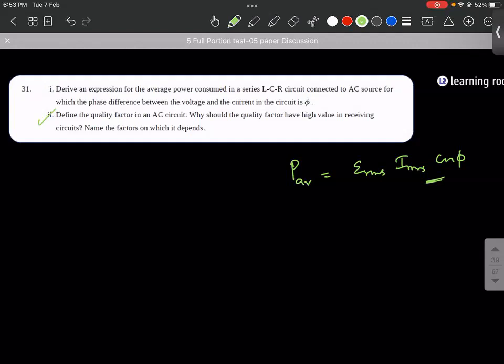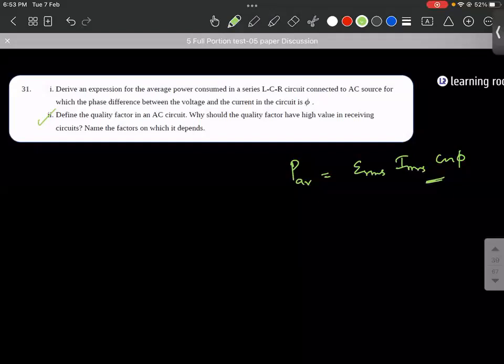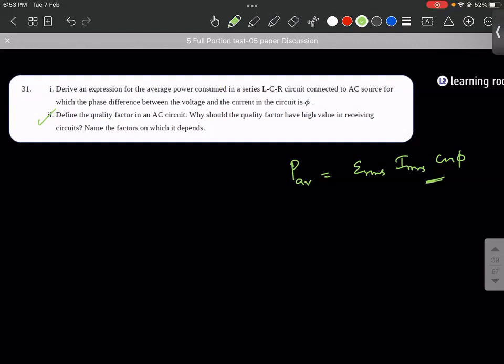It is defined as the ratio of the resonant frequency to the difference in the, tell me, complete the statement. Bandwidth. Yes. Or you can say it is defined as the ratio of the resonant frequency to the bandwidth. So why should the quality factor have a high value in receiving circuits?